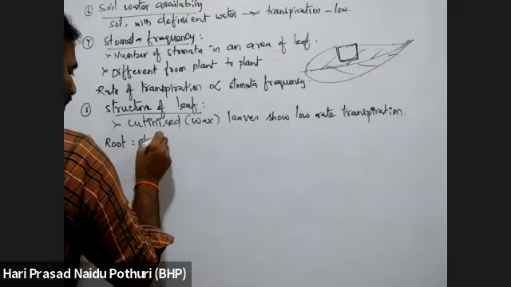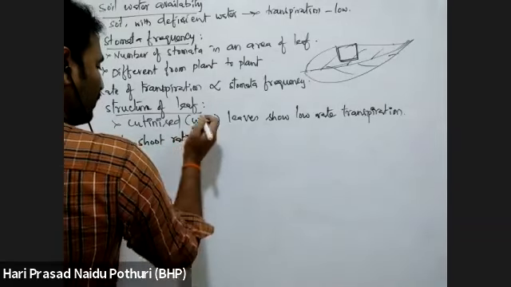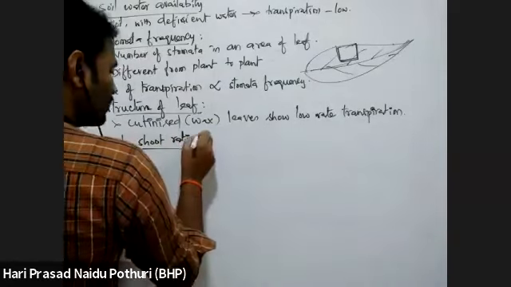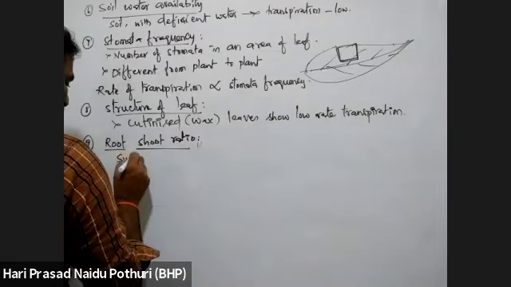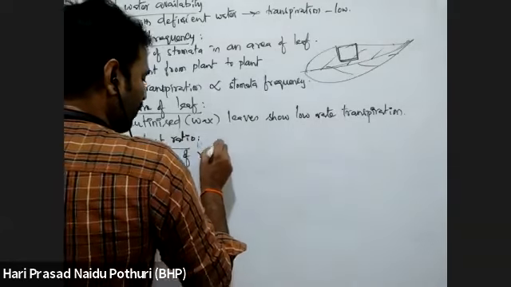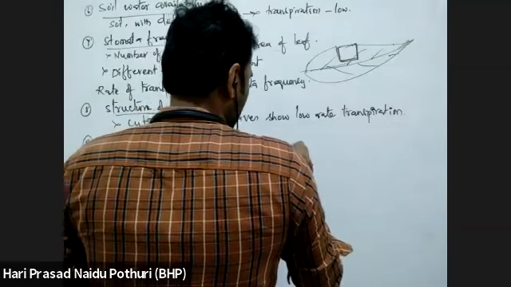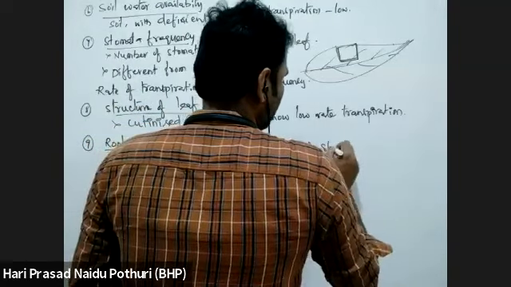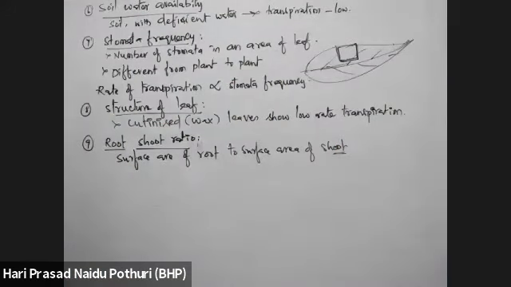Then next one, root shoot ratio. What is root shoot ratio means? In one particular plant, what is the total surface area of root to shoot? Surface area of root to surface area of shoot is called root shoot ratio.